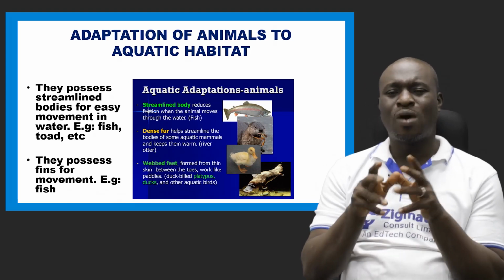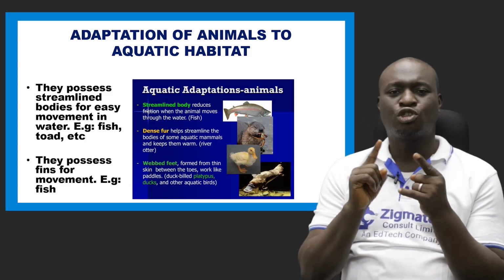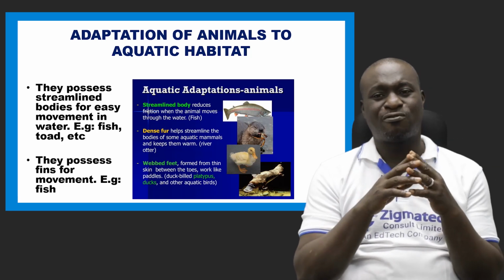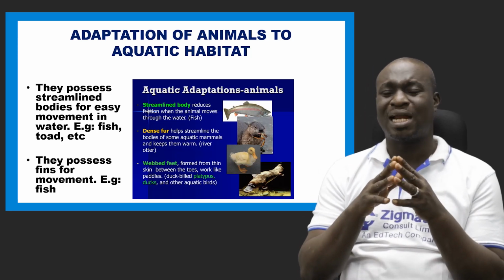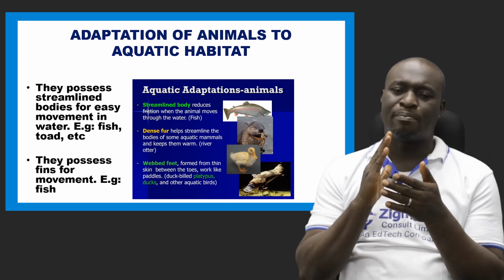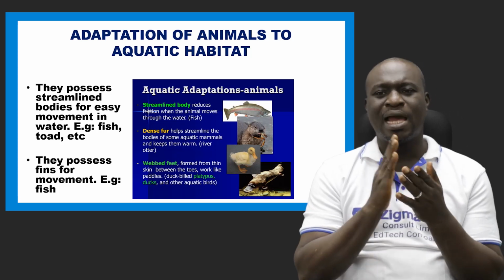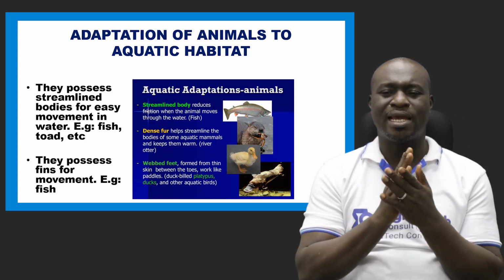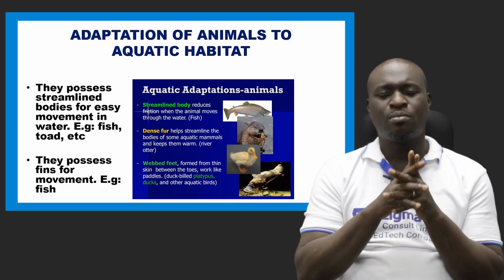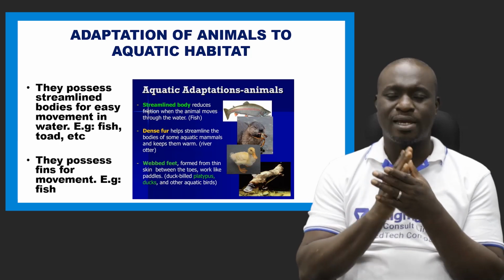One of the adaptive features is that they possess what we call streamlined bodies. These streamlined bodies are found in most aquatic animals, and they are for easy movement in water. Number two is that these organisms possess fins.